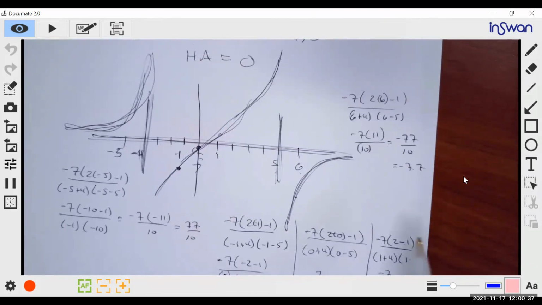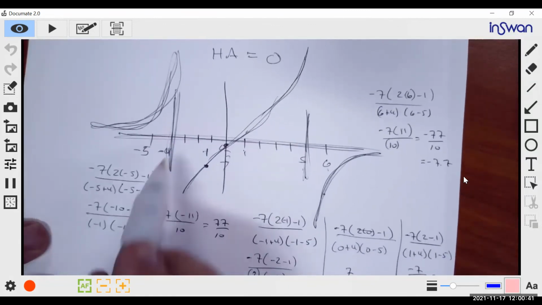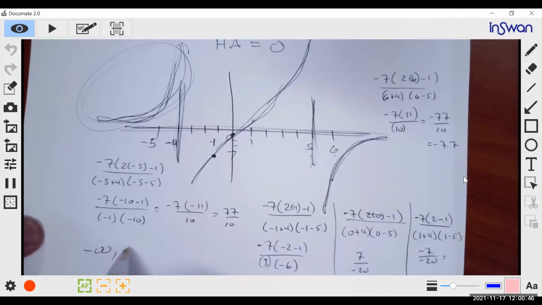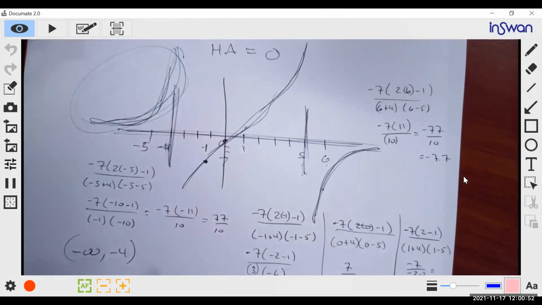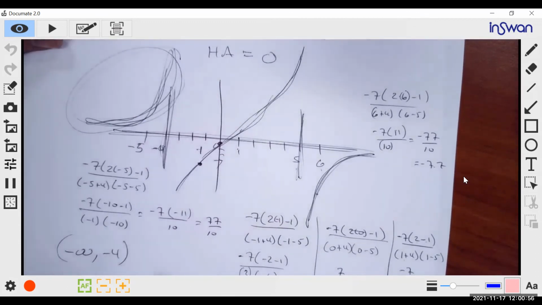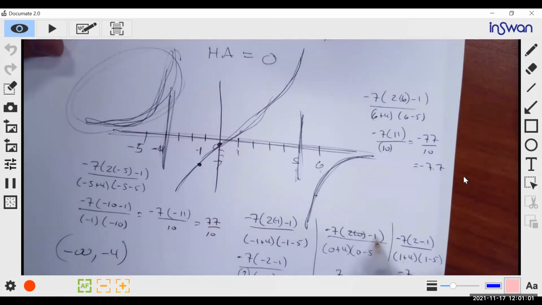Our solutions, we want to be greater than, above the x-axis. From negative infinity to negative 4. Well, if I put in 0, it's 7 over negative 20.